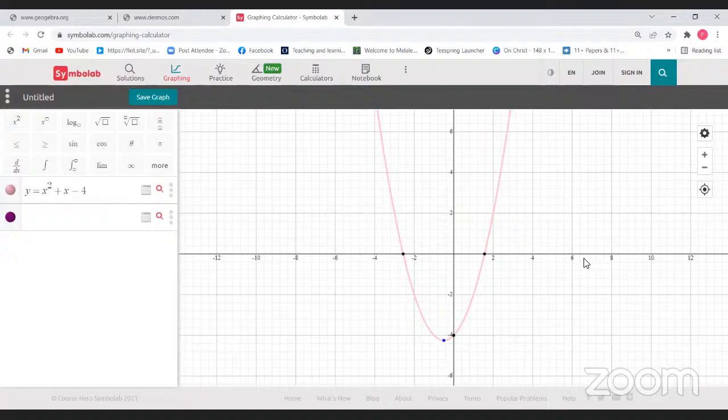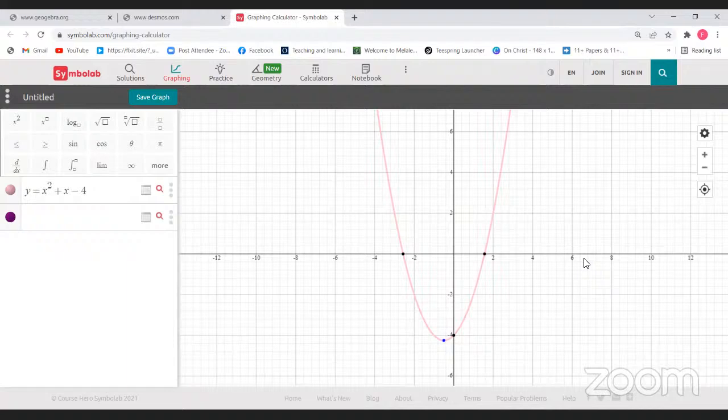Yes, miss, the turning point is where the blue dot is.